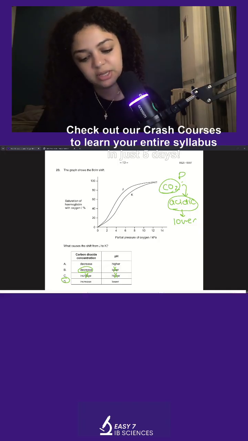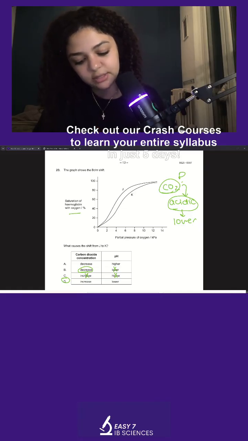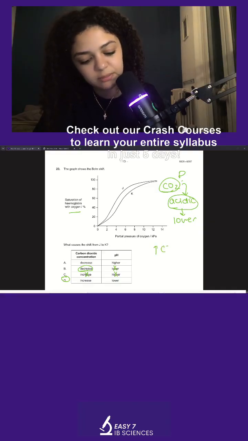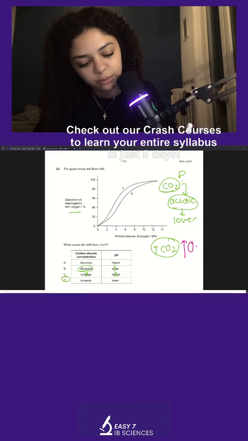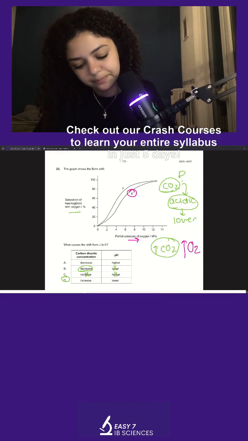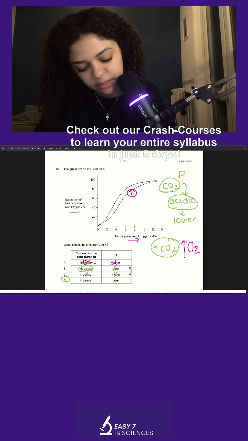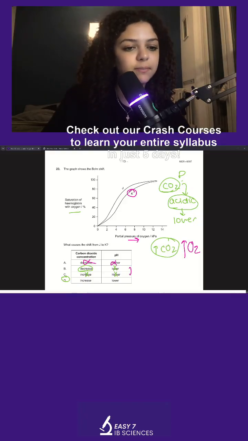So the partial pressure, you can think of it as how well the hemoglobin is essentially attracted to oxygen. And as the carbon dioxide concentration increases, it means you're respiring more, and therefore you need to increase how well you take in O2. And therefore, the partial pressure of oxygen increases as well. And that's why we have that shift. And therefore, D is the correct answer, and this is incorrect. But you could have crossed these out already and you would have had a 50-50% chance of guessing.